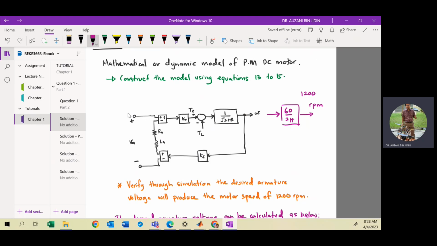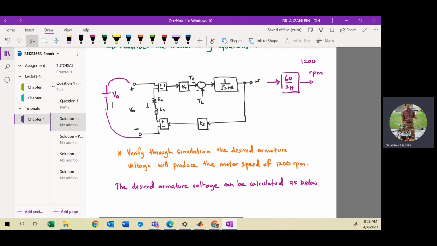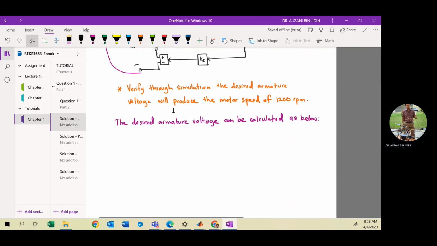Then the motor you connect directly to the DC voltage, where this voltage is VA. What is the required VA so that the motor can rotate at 1200 RPM?